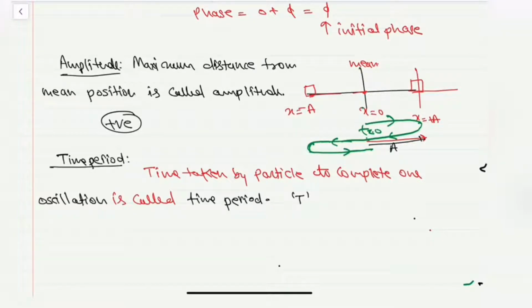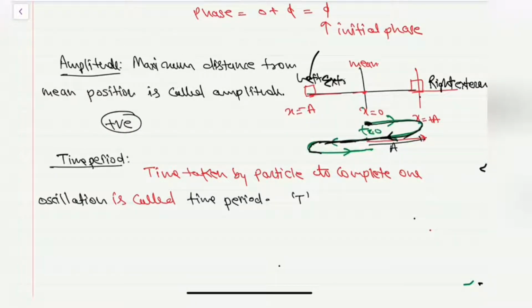So this is how the particle is doing motion. इस पॉइंट से लेकर के जब वो पार्टिकल ऐसे जाता है, दिस इज कॉल्ड द राइट एक्सट्रीम पोजीशन, and then it comes back to the mean position again, and then it goes to the left extreme.